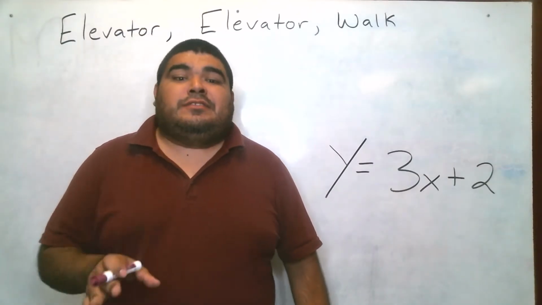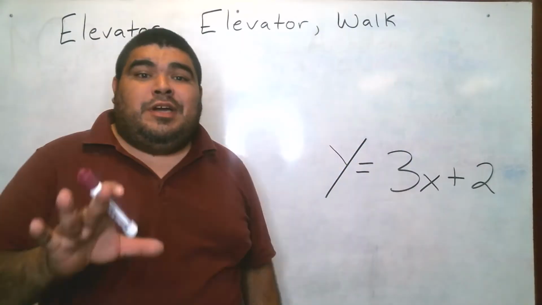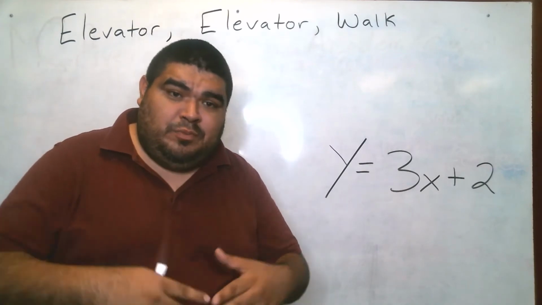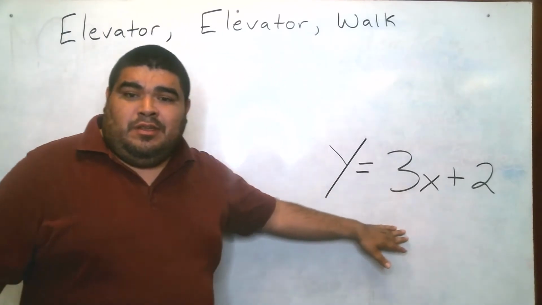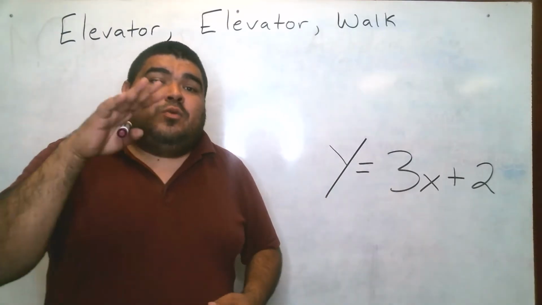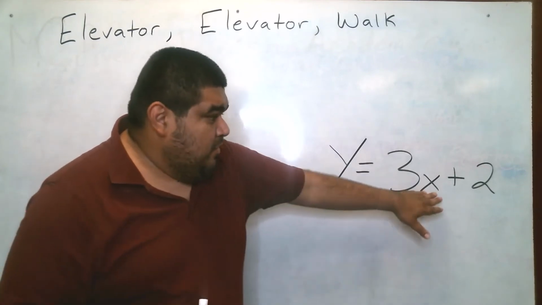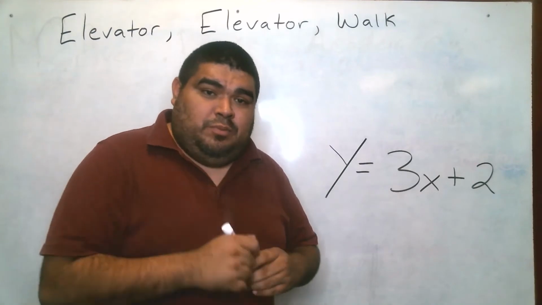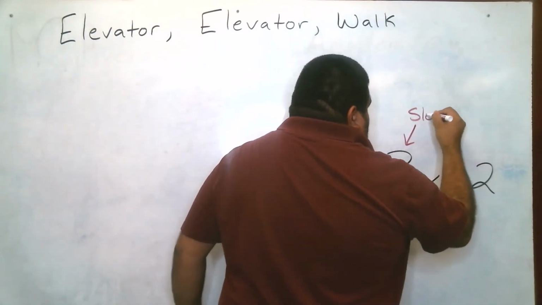All right, guys, so the technique we use, remember, it's called elevator walk. But before we can label it that, you guys need to know which one's your slope, which one's your y-intercept. So I have an equation here on the board that we're going to label. Remember, the one that is always with the variable, remember the variable is this x, is always called your slope. So this is our slope.